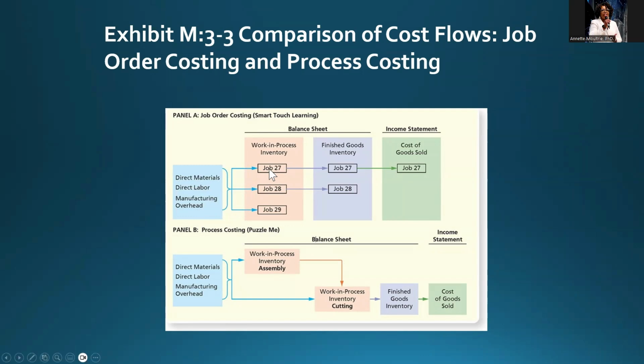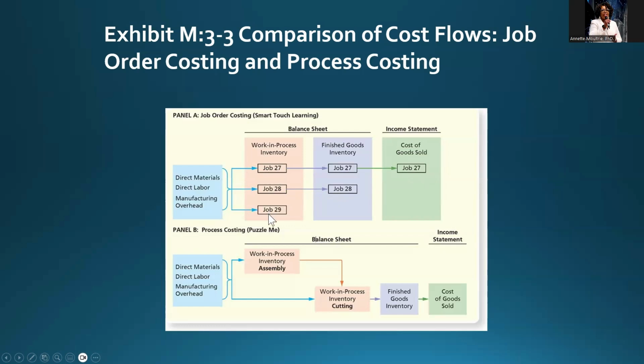So job 27 is in the work in process inventory. I'm just gonna say WIP, okay? Which means work in process inventory. So job 27 is in WIP, then it goes to finished goods inventory, then cost of goods sold. Job 28 is in WIP, and then it's in finished goods inventory.